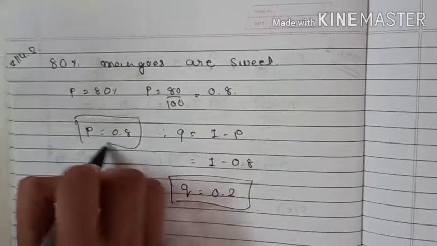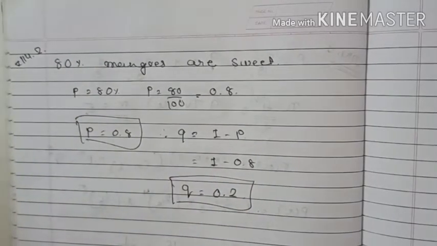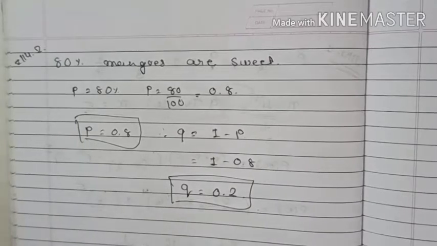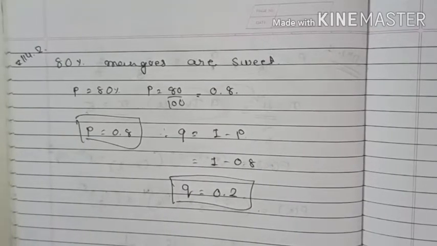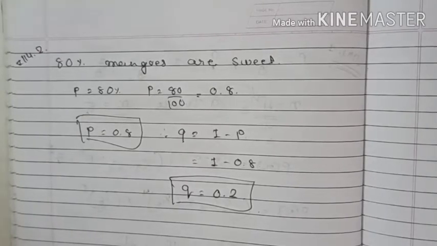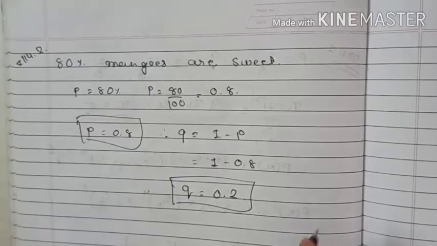P will become 0.8. What is the given? A person needs 5 sweet mangoes. Find the probability that he will get fifth sweet mango at the fifth trial out of the eighth test, right?